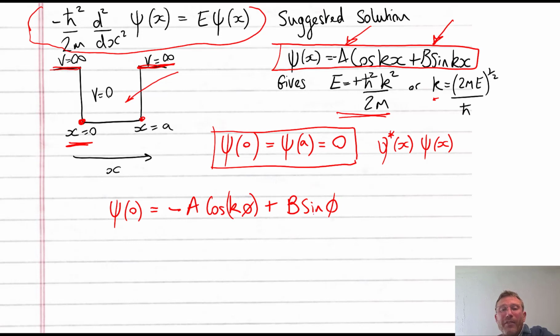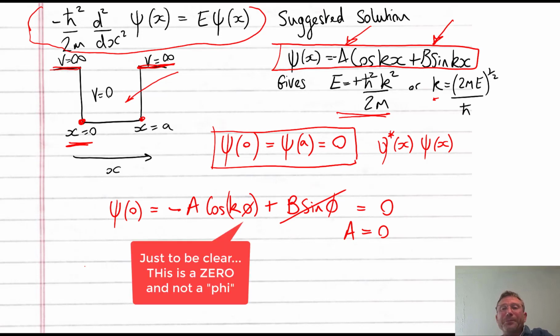We know that the sine of 0 is in fact 0, so this term goes away. Cosine of 0 is plus 1. So the only way that we can have psi of 0 equal to 0 is when a itself is equal to 0.